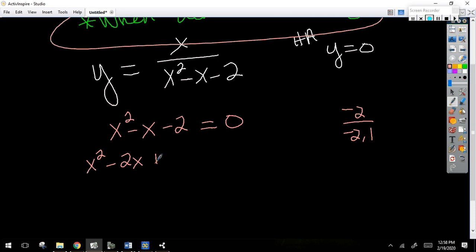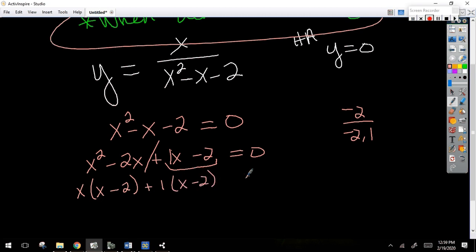I'll take it out step by step here. First two, what's the GCF? X. What's left? How about these second two? And so it leaves me x minus 2.